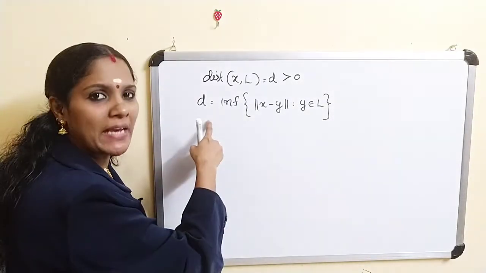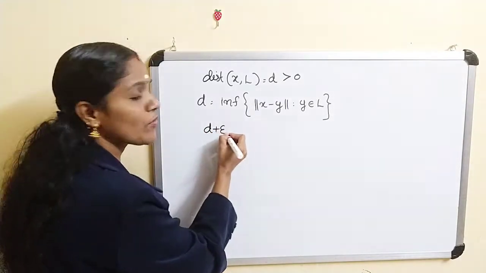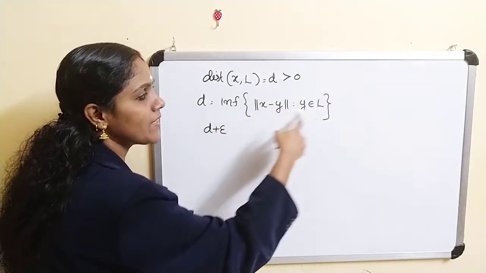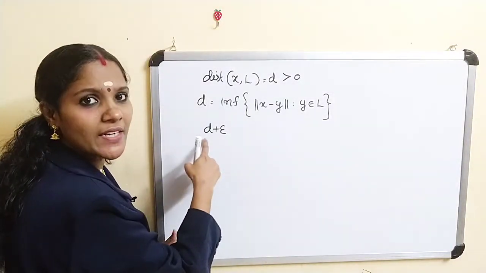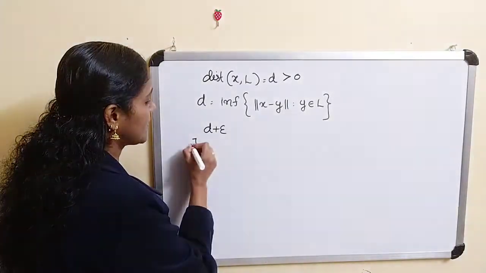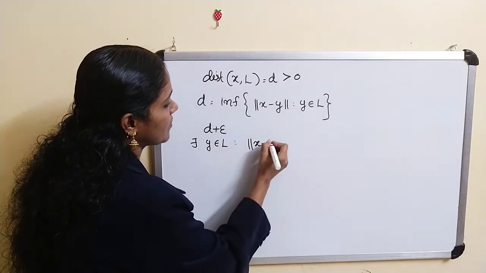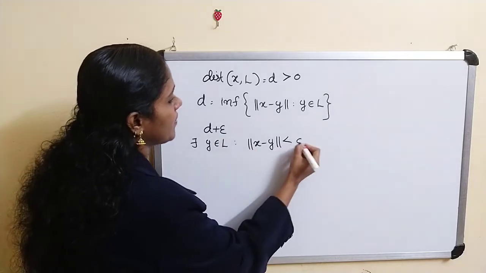That means if you take any epsilon greater than 0, then d plus epsilon cannot be a lower bound. That means you can find a member in this set that is clearly less than d plus epsilon. That means there exists a y belonging to L such that norm of x minus y is less than d plus epsilon.